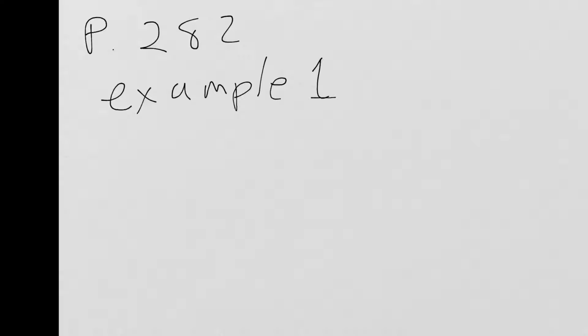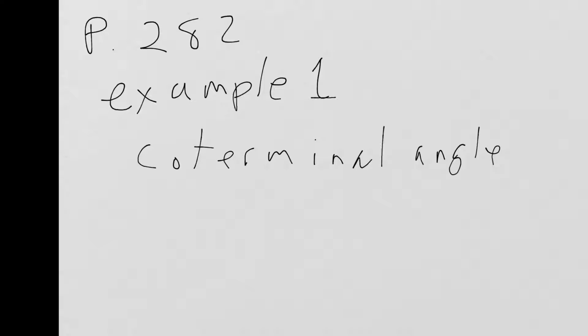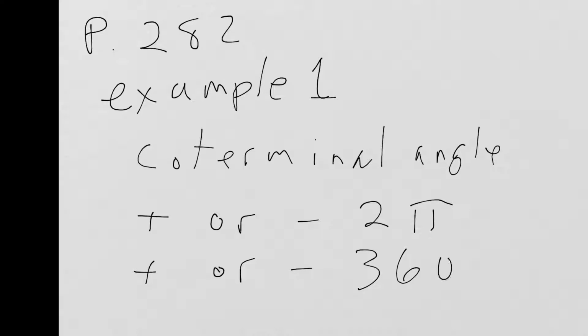Okay, so the first thing we need to figure out before we get to example 1 is what is a coterminal angle. Easy answer: you add or subtract 2 pi, or you add or subtract 360 degrees.